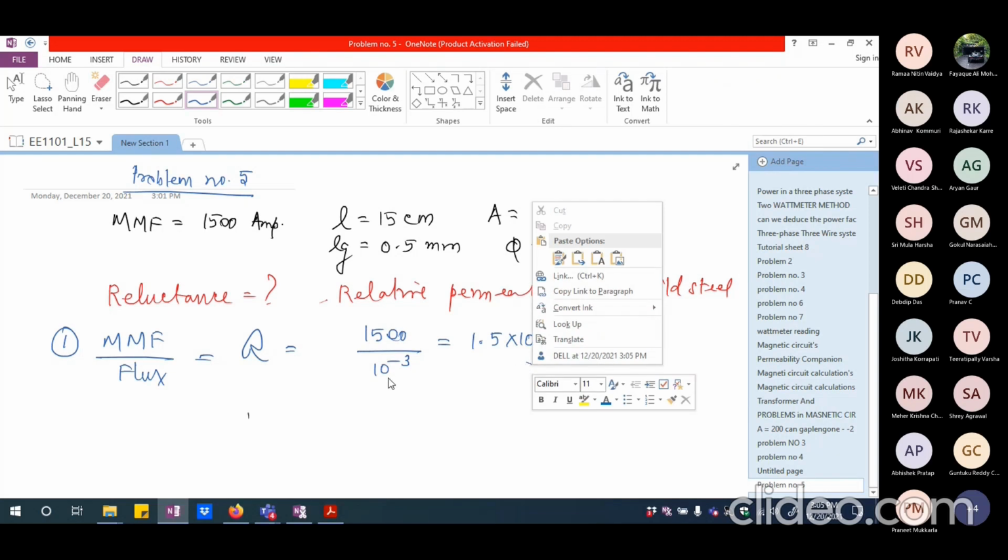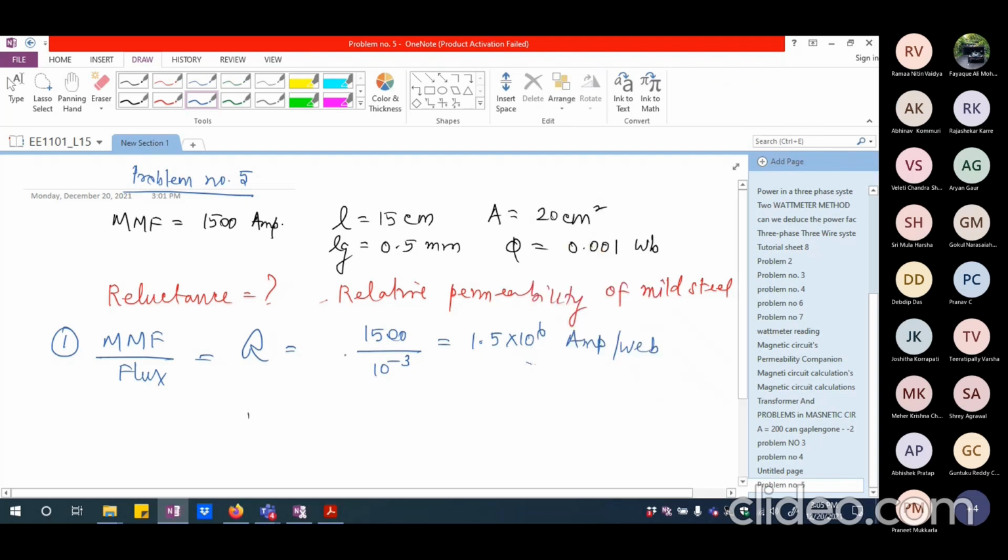So now you can calculate this reluctance, whatever we have got.